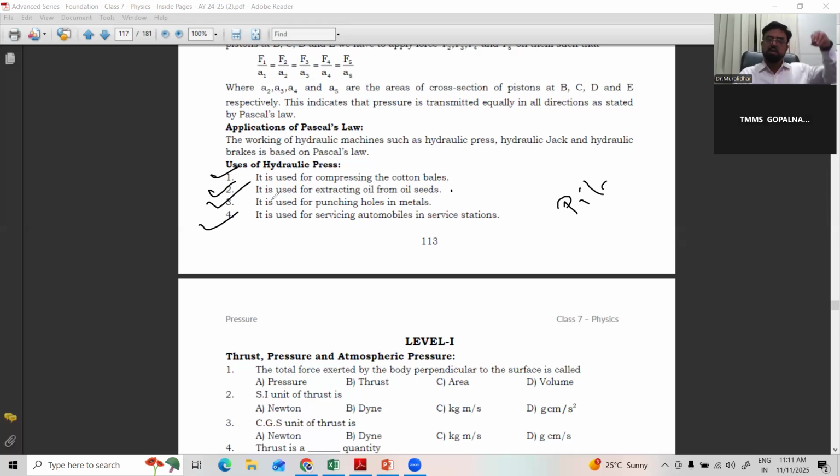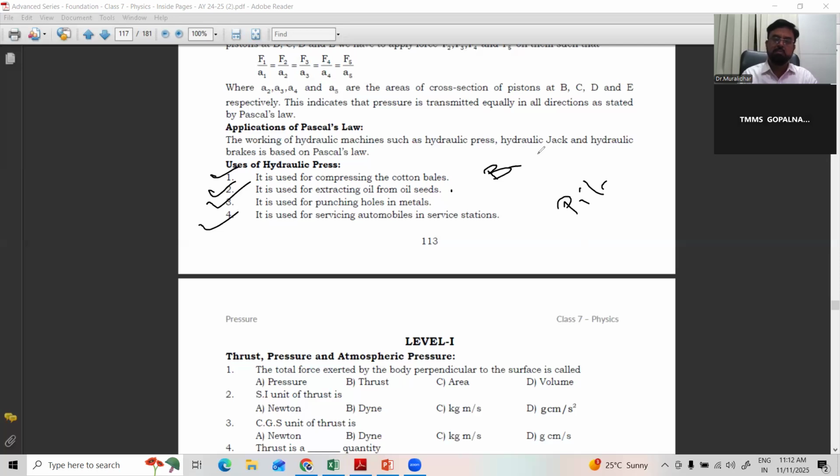And what happens is, by applying less force, we get more pressure, because the area changes. The first area is small, the second area is more. Applying less pressure at the larger area, we get more pressure from the smaller area. That is the process of designing the hydraulic machine, also called the Brahma press.